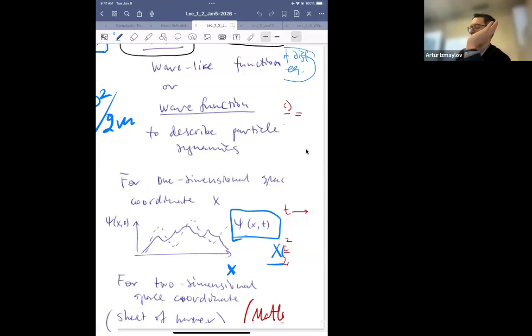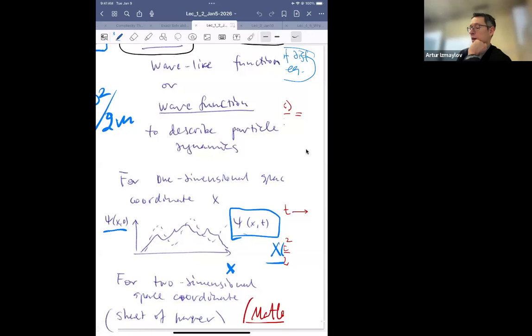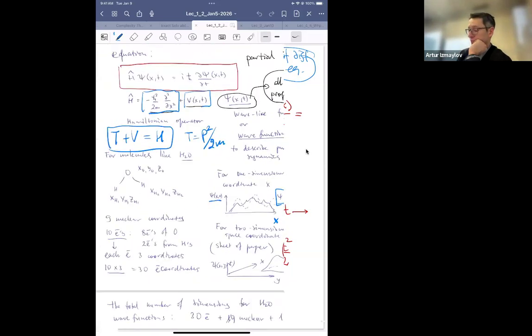Even if we put aside the fact that it could have a complex part, it's still a function. So at zero time it could be one function, and then at a later time it's a different function. So it's changing with time.